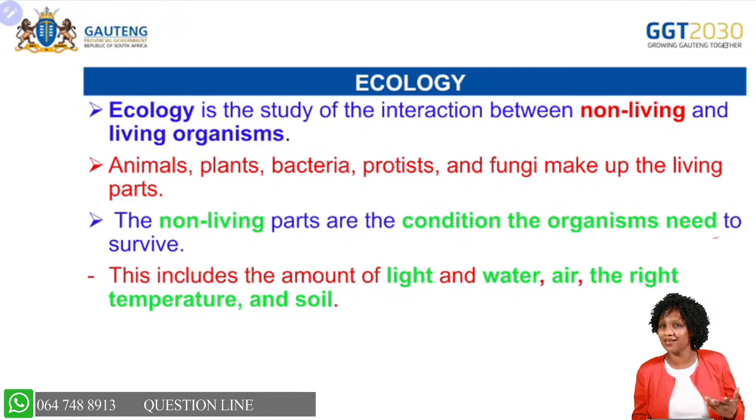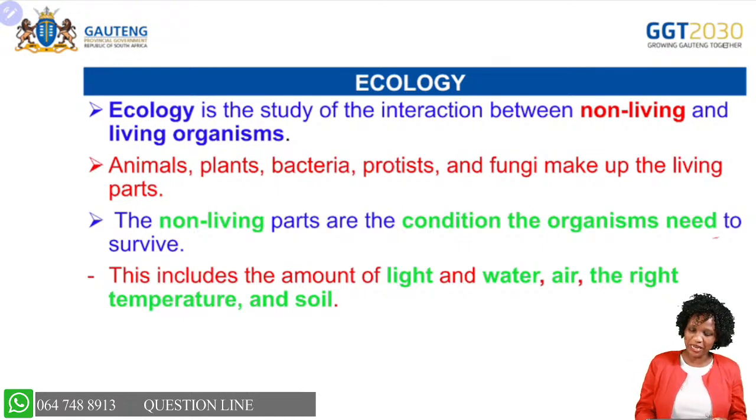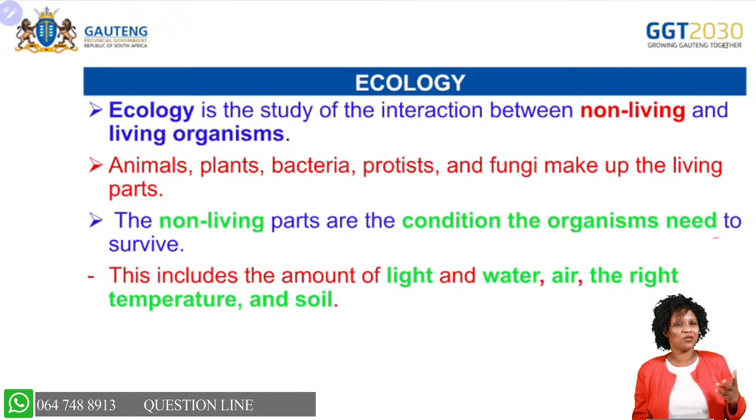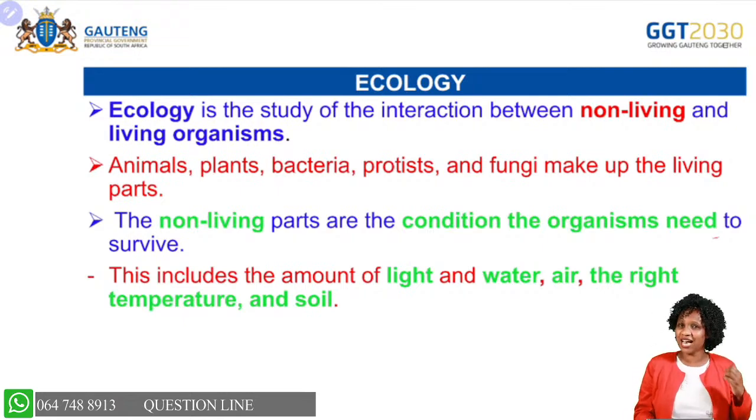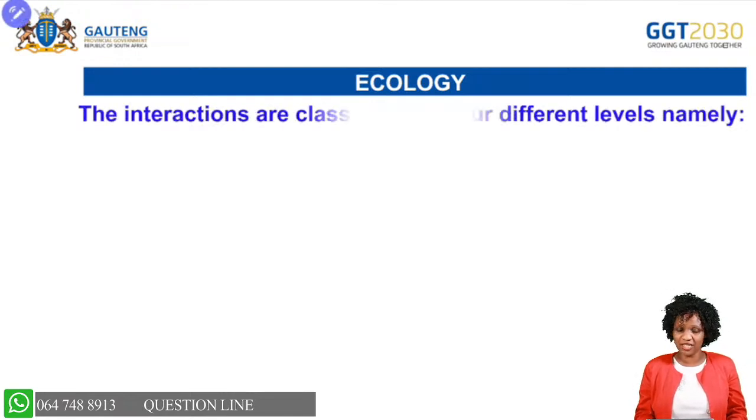We're talking about the plants. We are talking about bacteria, protists, fungi. All these are living. But the non-living, don't forget, we are talking about water, the soil, the wind, light, sunlight. Okay, that is non-living.